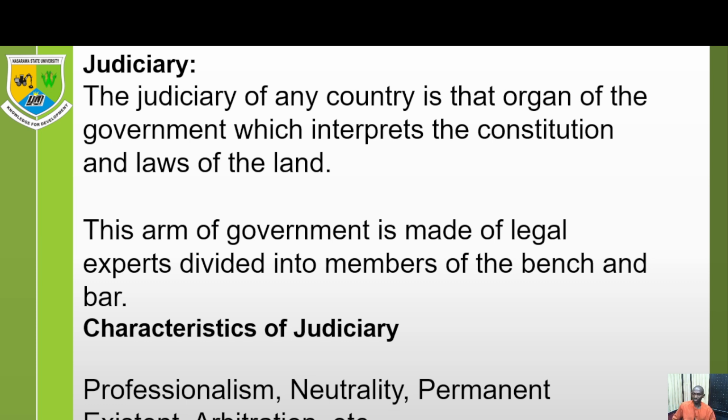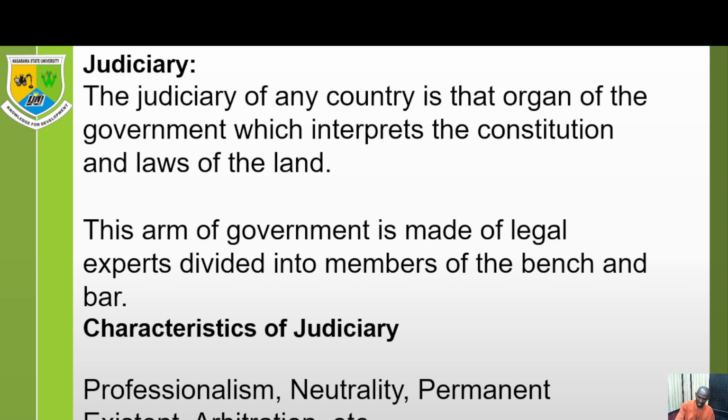Rather, it is the duty of the executive to implement. The interpretation of the law is the responsibility of the judiciary. That's why in Nigeria, as an example, the courts are saddled with the responsibility of interpreting the law. This arm of government is made up of legal experts divided into members of the bench and bar.